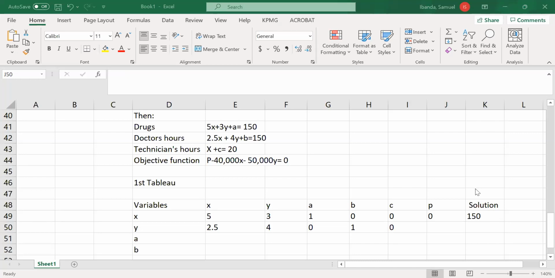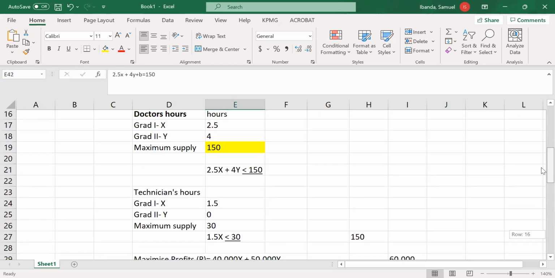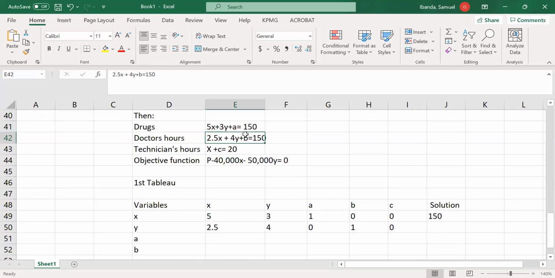You can even leave out this P because you always have 0, 0. Then here, I think I picked something wrongly. Just let me see. Was this 150, 150? Okay, it is the same. I just adjusted. So 150, 150. So the total here, as you can see, is also 150.